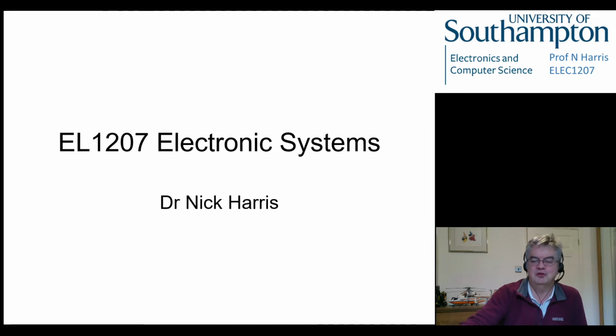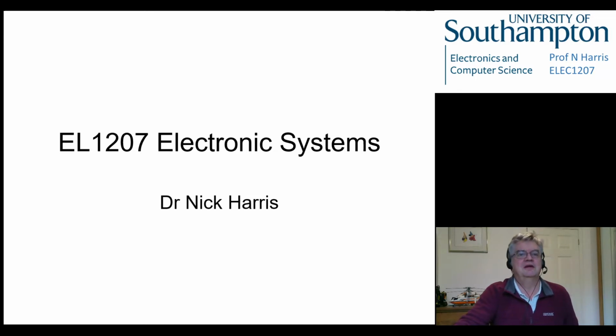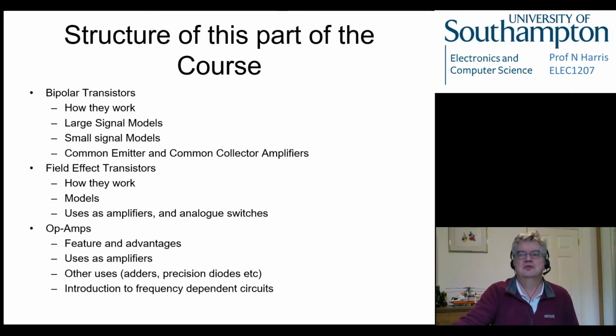Transistors are obviously a fundamental part of electronics, and we need to have an understanding, at least at a behavioral level, of how they work and what's going on. Hopefully you've got a good idea from the semiconductor course of how they work at a low level, and then we can understand how to build circuits from them, where the limits lie, and how that leads on to other circuits as well.